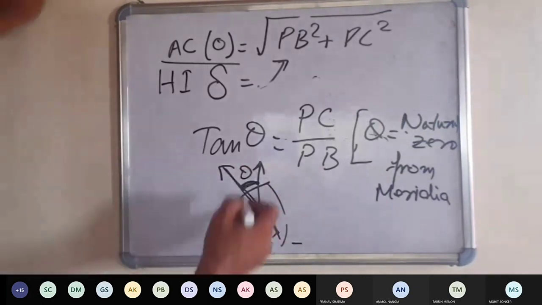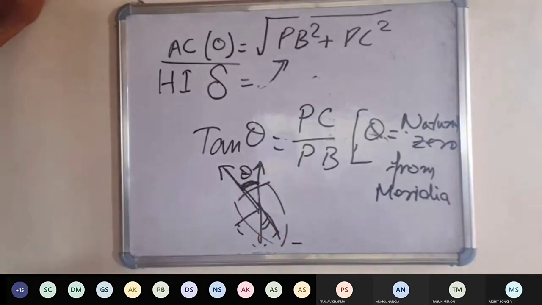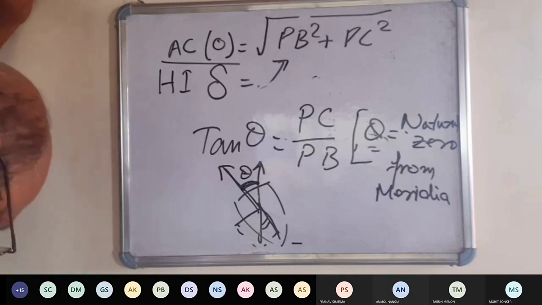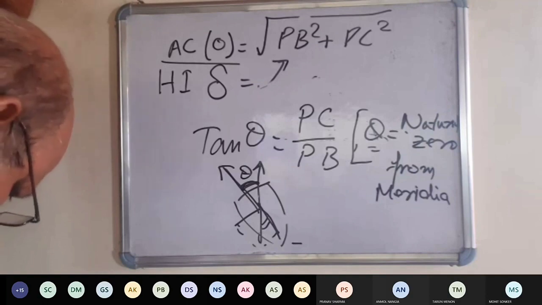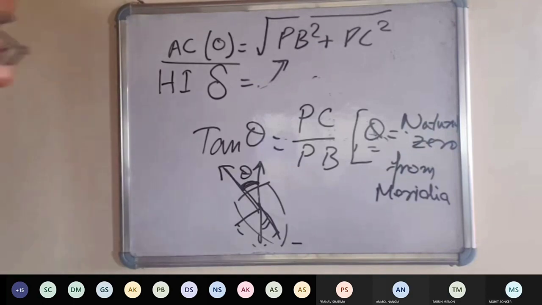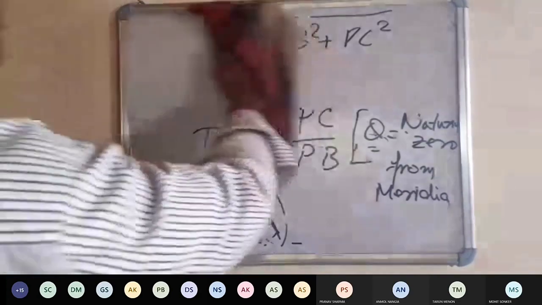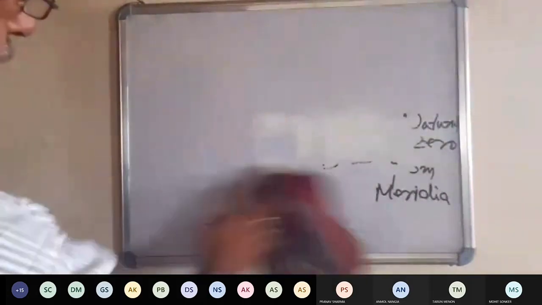This is the deviation, in this case westerly. Okay? So this is about hard iron. Hard iron deviation is what we discussed today.